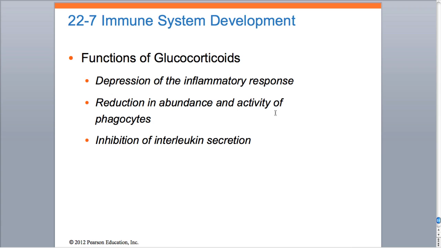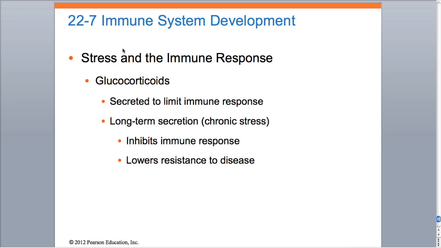Look what it says in the middle bullet: reduction in abundance and activity of phagocytes. So if you have too much of a glucocorticoid response, you are fighting your inflammation response. You're able to deal with the stress, but at the other end of that stress story is that you are suppressing your immune system. So let me say that again with the last two slides.